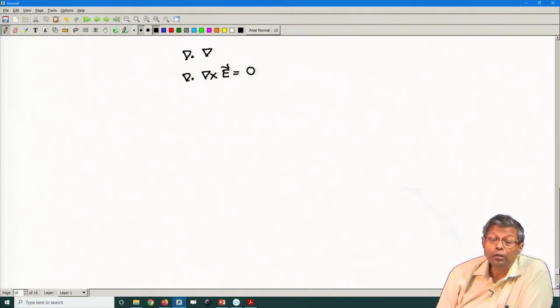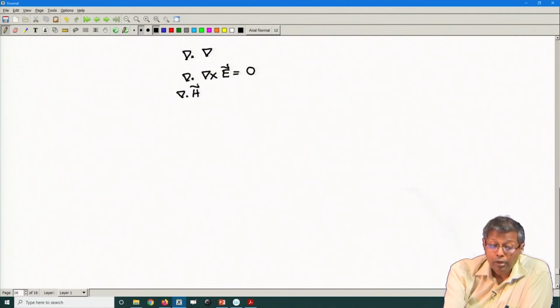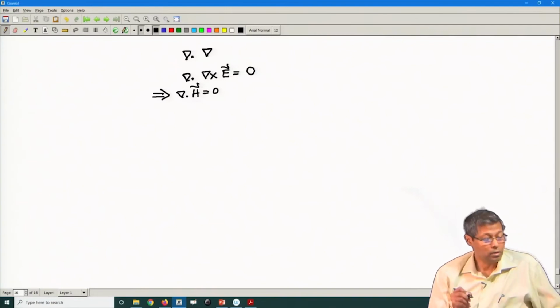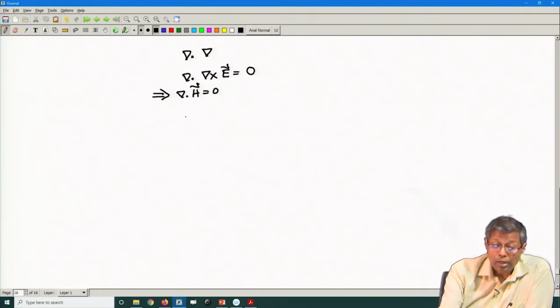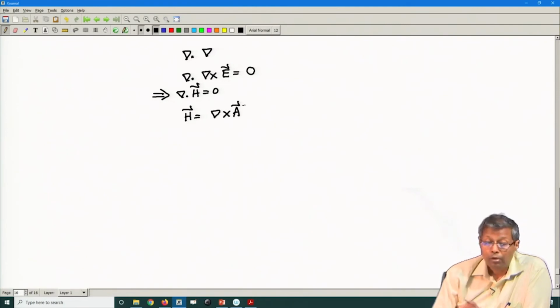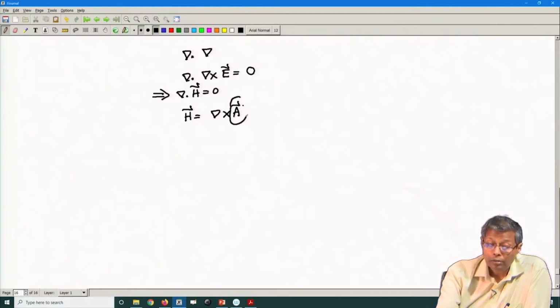Divergence of curl of any vector is 0 and therefore, divergence of H is 0. We can also argue that divergence of H is 0 anyway. So, therefore, H can be expressed as the curl of a vector. We call this vector the magnetic vector potential.